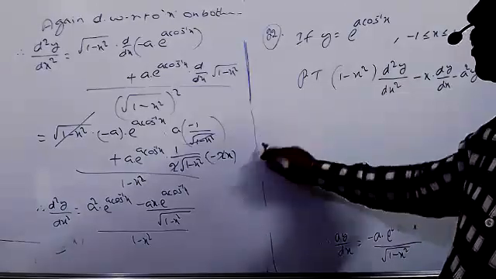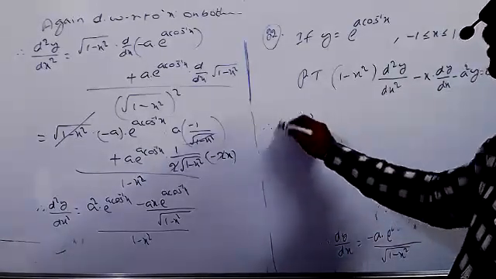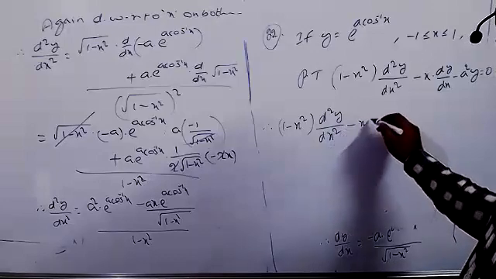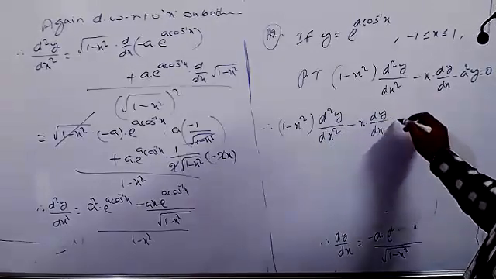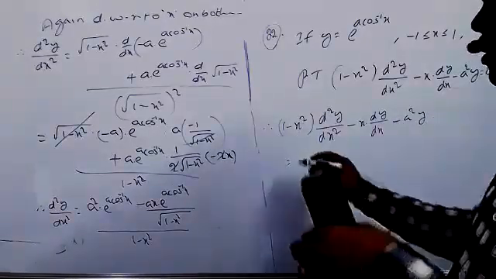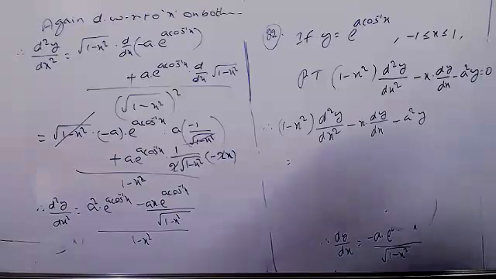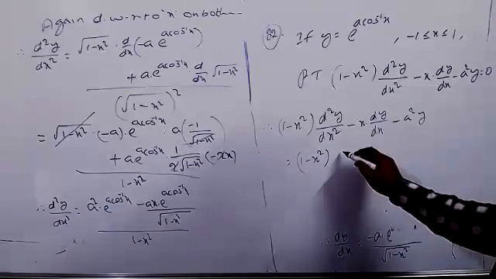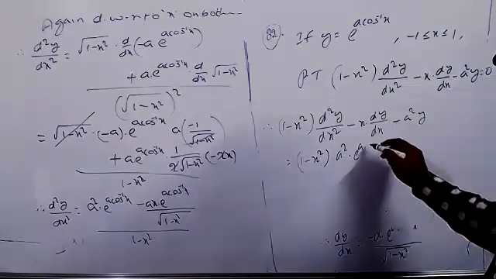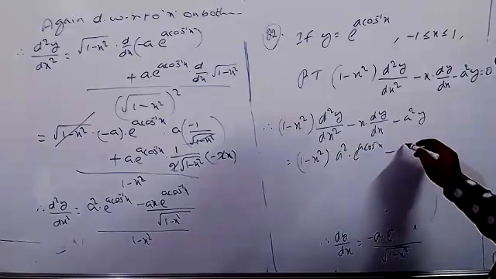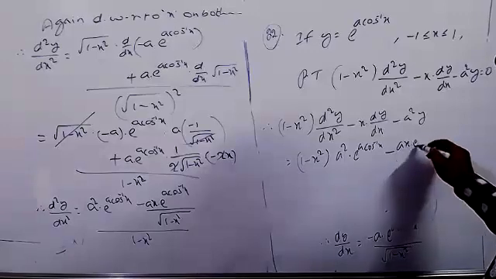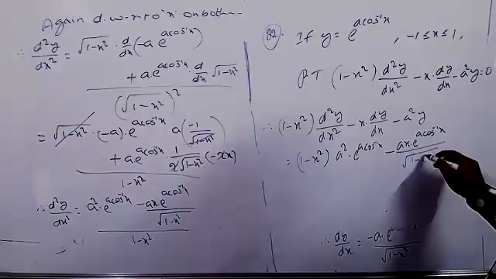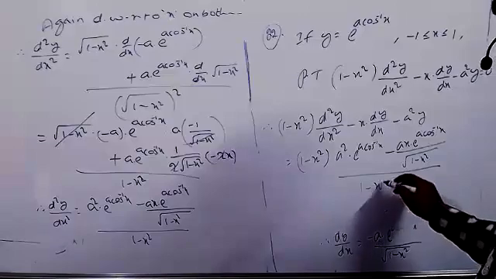So therefore 1 minus x square into d square y by dx square minus x into dy by dx minus a square y equals, 1 minus x square into d square y by dx square equals a square into e power a cos inverse of x minus ax into e power a cos inverse of x whole by root of 1 minus x square, the whole by 1 minus x square.